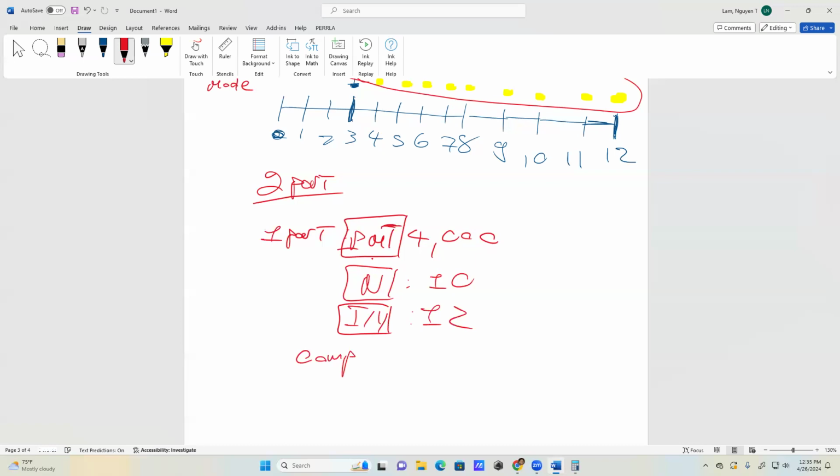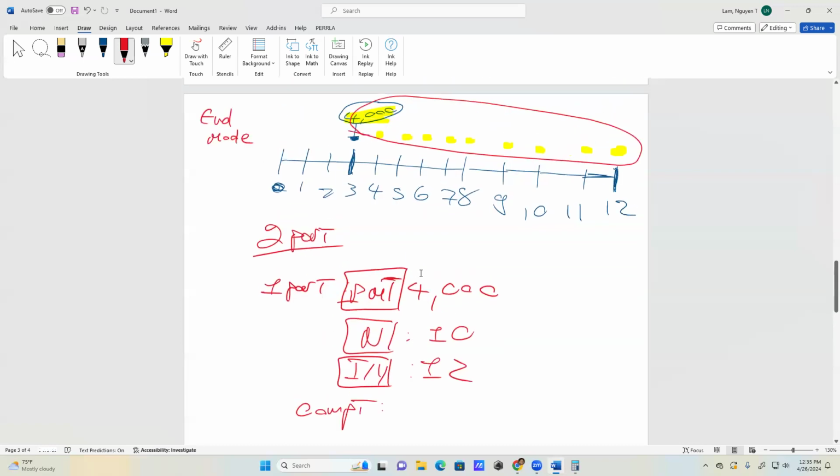Then you have to hit compute, compute present value. And that's gonna give you a number. And where does that number belong? It's gonna belong to year 2.